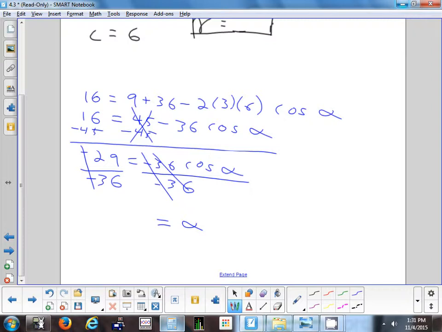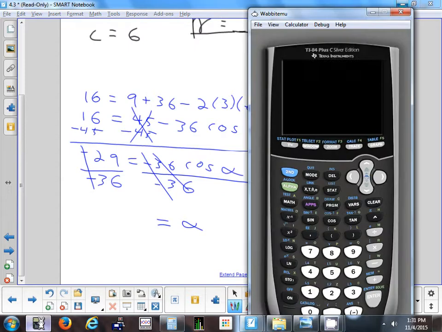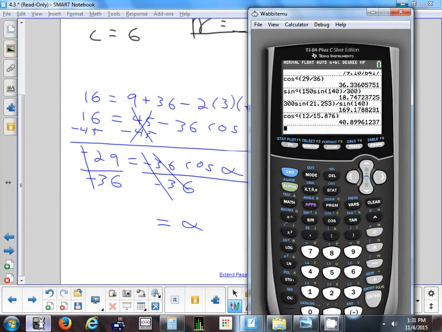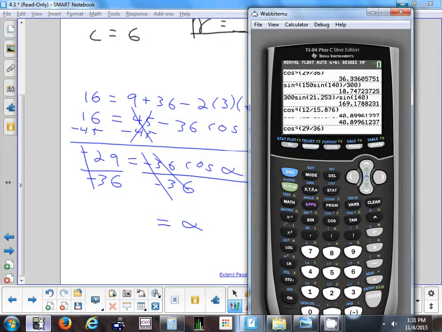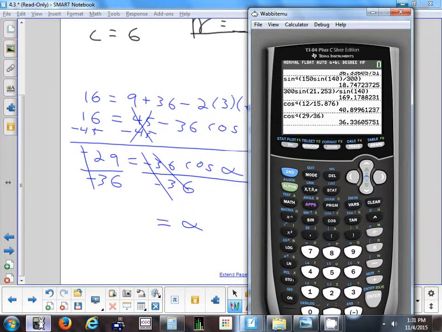Okay, last step, get rid of cosine with inverse cosine. So take the inverse cosine of 29 over 36. So we get 36.336.